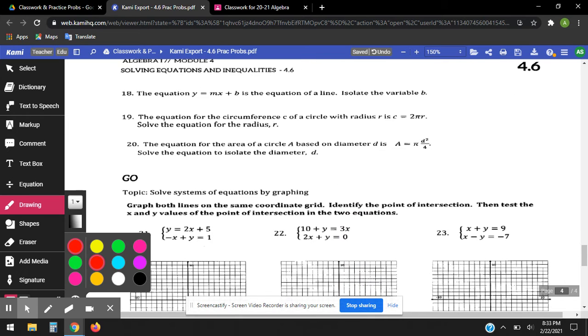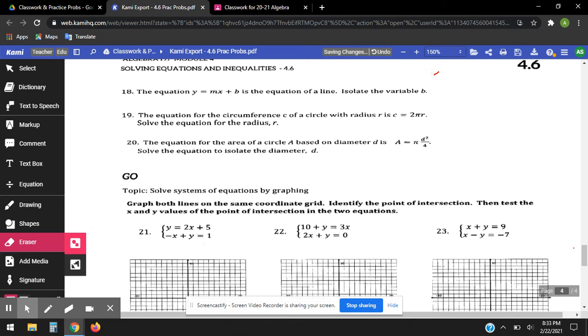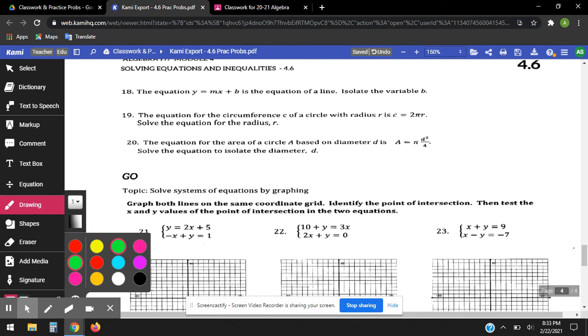18. y equals mx plus b is the equation of a line. Let's isolate b. So y equals mx plus b.